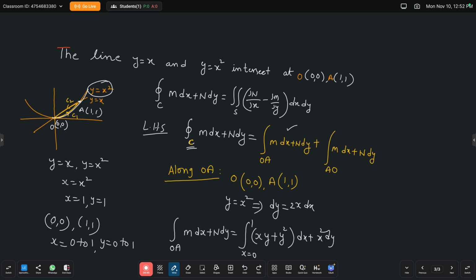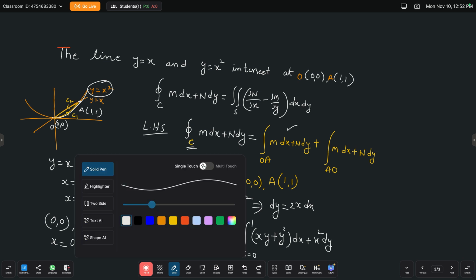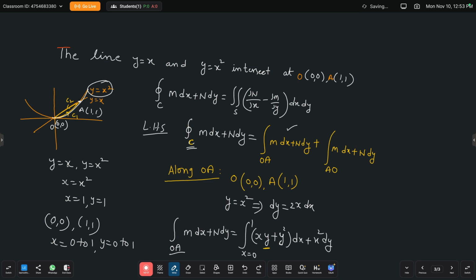It is M dx plus N dy, but along the y direction you are replacing y equals x square, and also dy equals 2x dx.